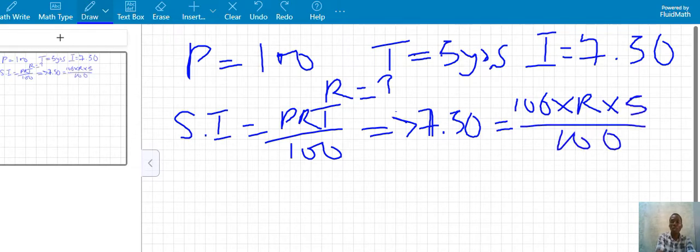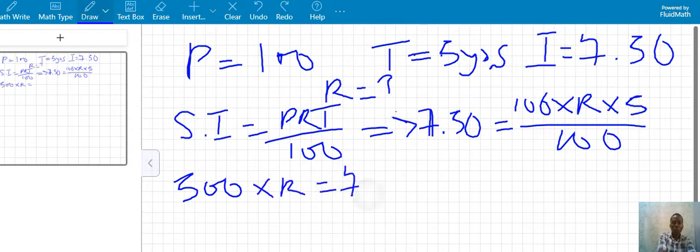So without wasting time, we are going to cross multiply. And if you cross multiply, you're going to have 100 times 5 will give us 500 times R equal to 7.50 times 100.